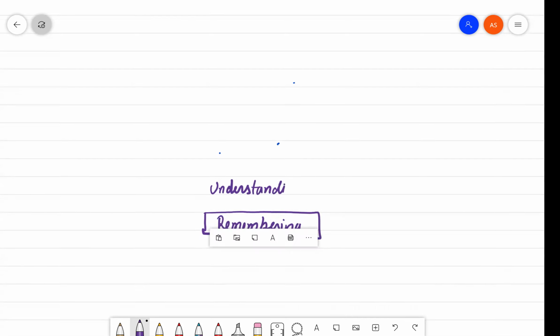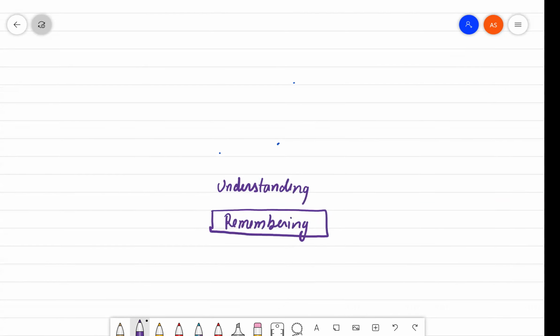Levels of learning: the first level is remembering. This is given as K1 in your syllabus. The next level is understanding. Next is apply.